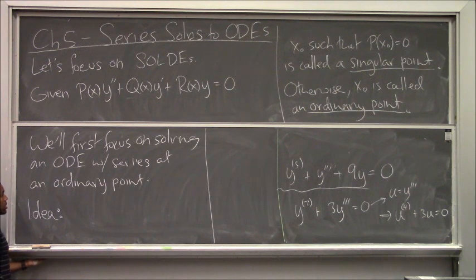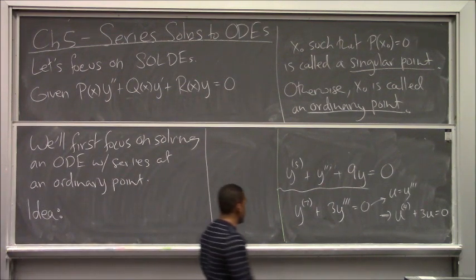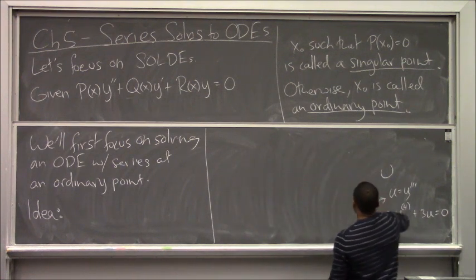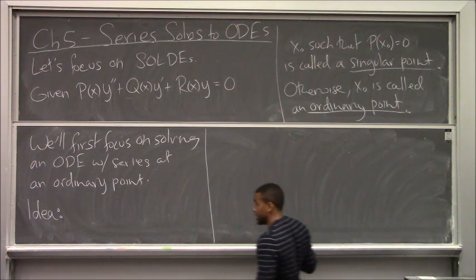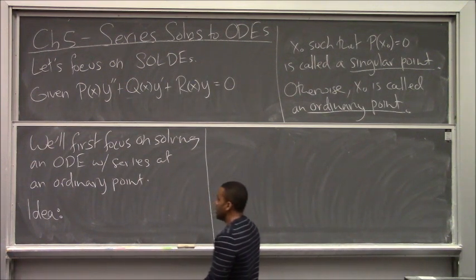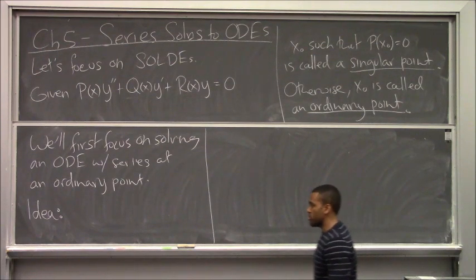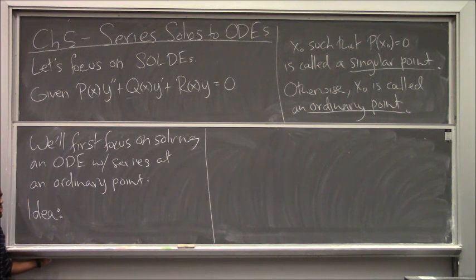Back in Calc 2 or Calc 3 for some of you, we learned the idea of something called a power series. Sometimes you have these functions that behave very nicely. For example, they were infinitely differentiable, and you could create what's called a power series from them, or a Taylor polynomial. Sometimes those Taylor polynomials will actually converge to a function on some interval, and we can use the power series in place of the function, which is very convenient.